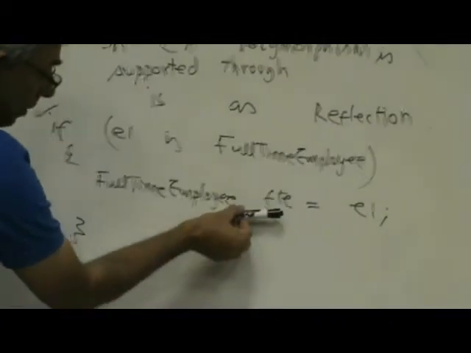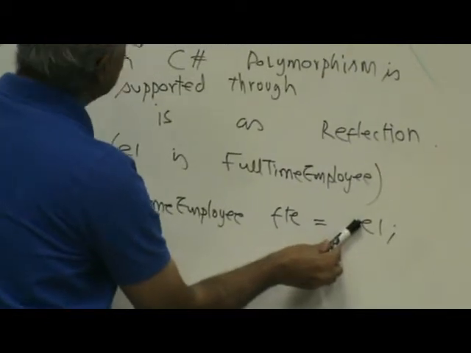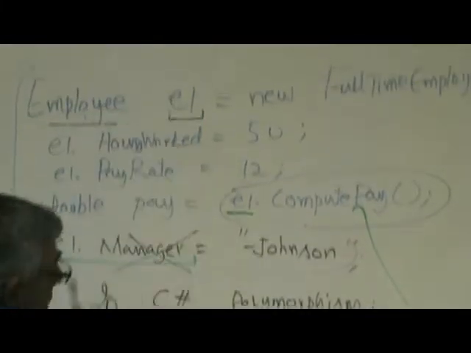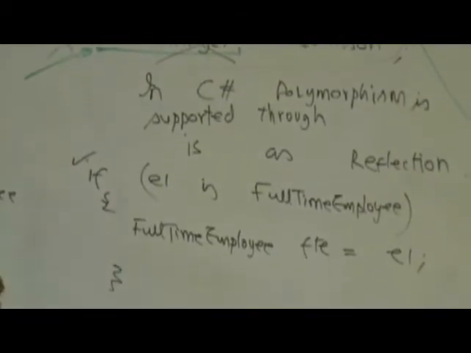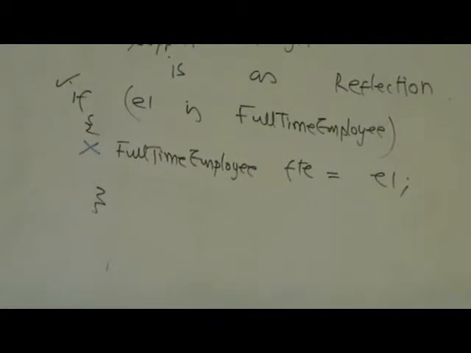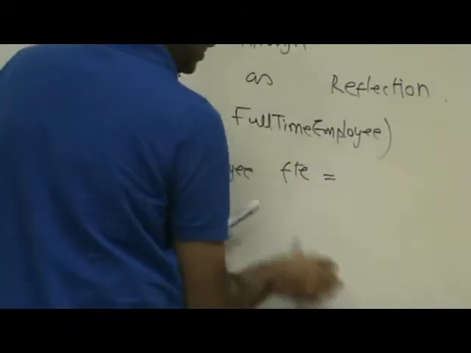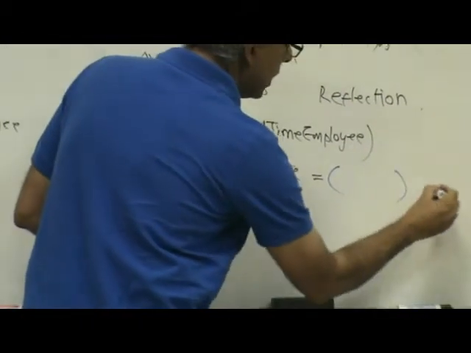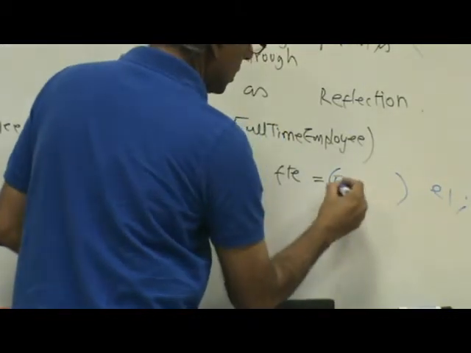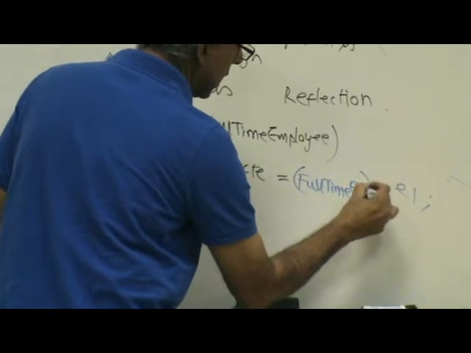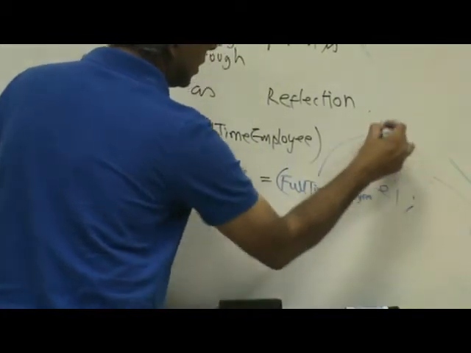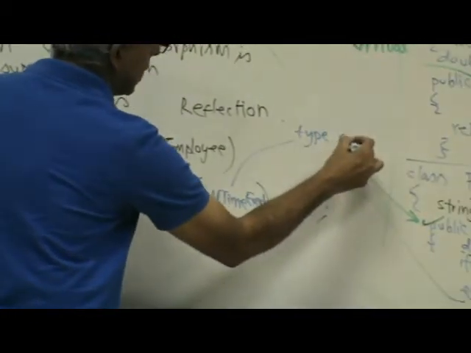So what's the type of the left-hand side here? Full-time employee. What's the type of the right-hand side? Employee. So obviously there are two different types, so the compiler will not compile this if we wrote it like this. So to satisfy the compiler, we will convert this E1 to full-time employee, and that's what we call typecasting.